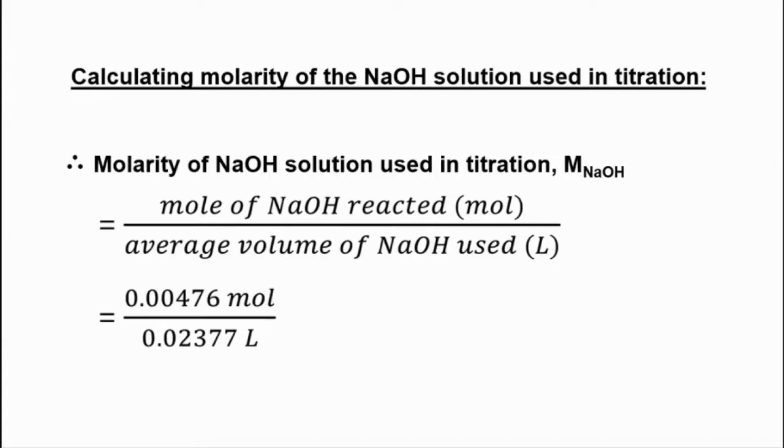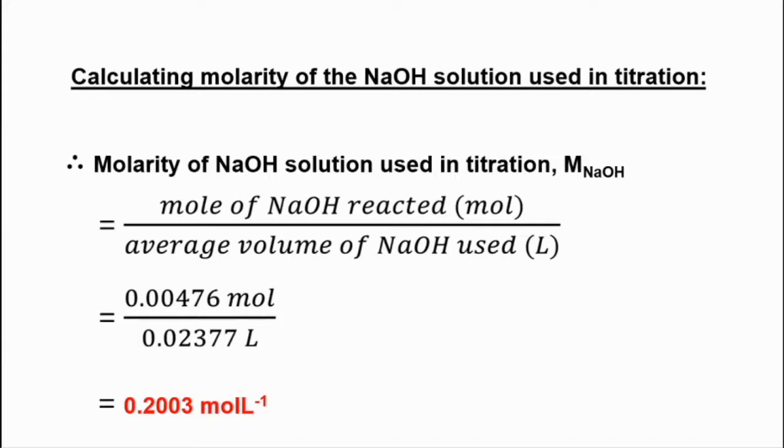So the moles of sodium hydroxide we just calculated, 0.00476 mole, divided by the average volume from just now, 0.02377 liters, and we are going to get 0.2003 mole per liter.